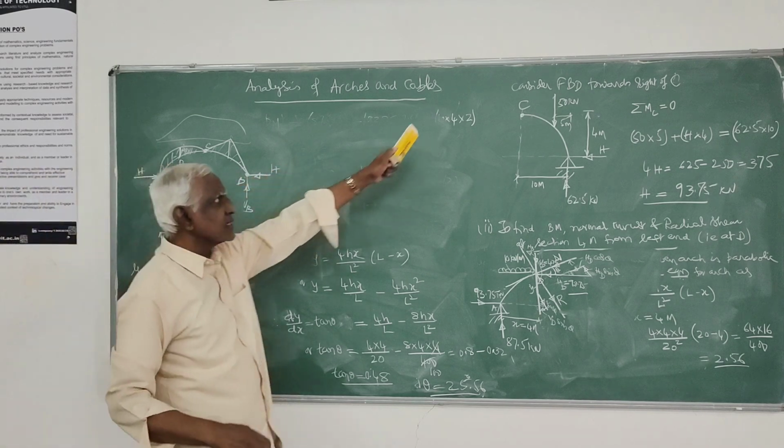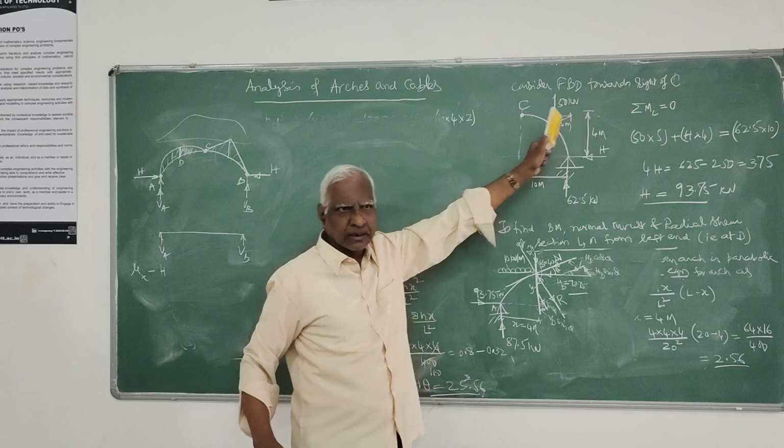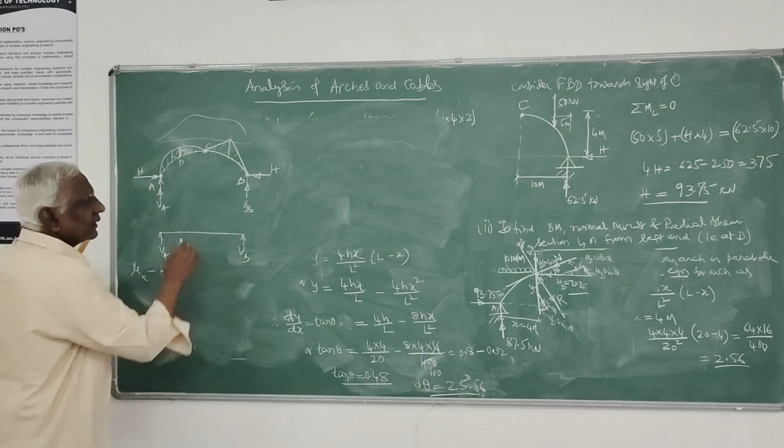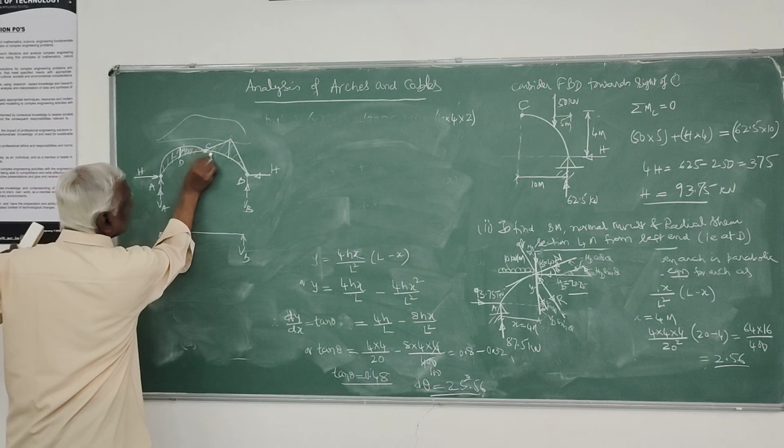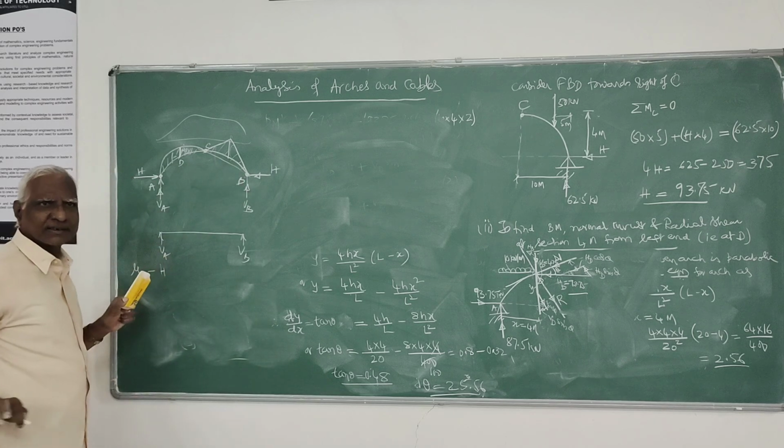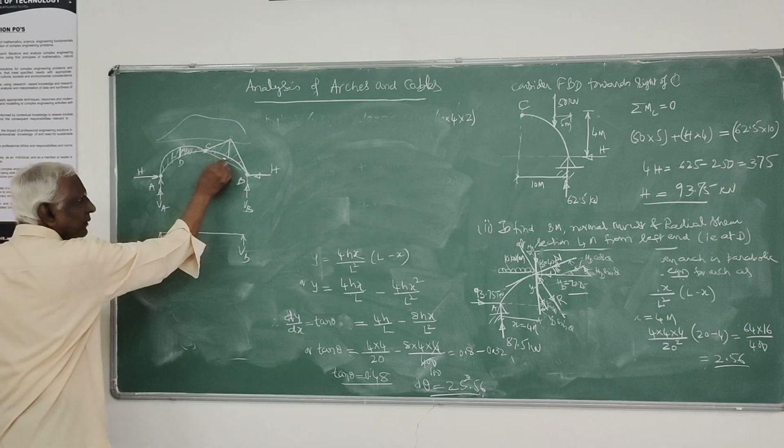Suppose you don't have this particular load, only this UDL is there, then simply from here to here you join it, and you will get the bending moment diagram.